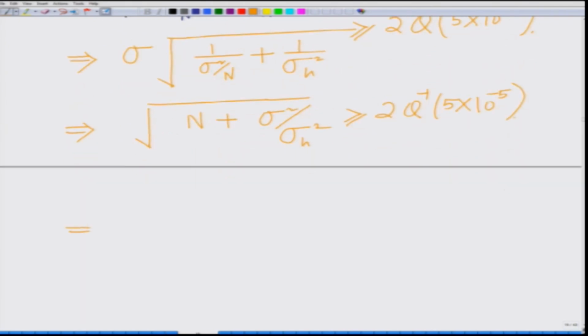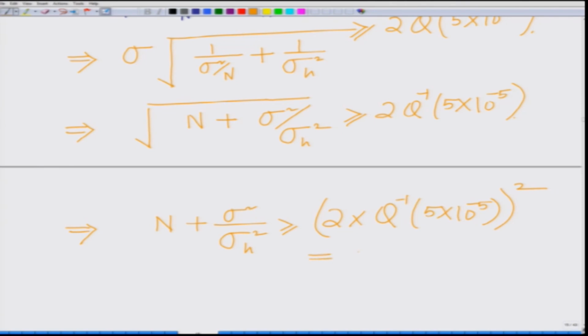This implies n plus sigma square divided by sigma h square is greater than or equal to the whole square of twice into Q inverse of 5 into 10 power minus 5.